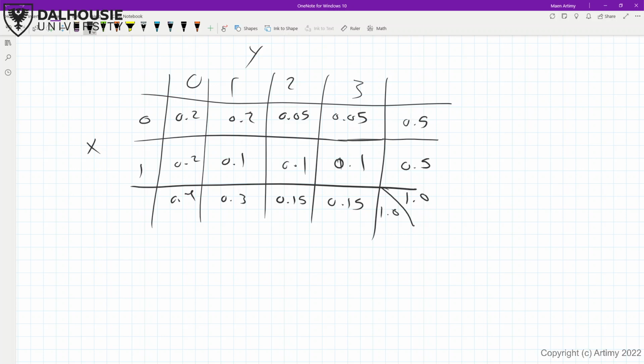What is the marginal distribution? Here we're adding all the pxy values, fixing x and going row-wise, adding all the columns. So what we will get is the py.